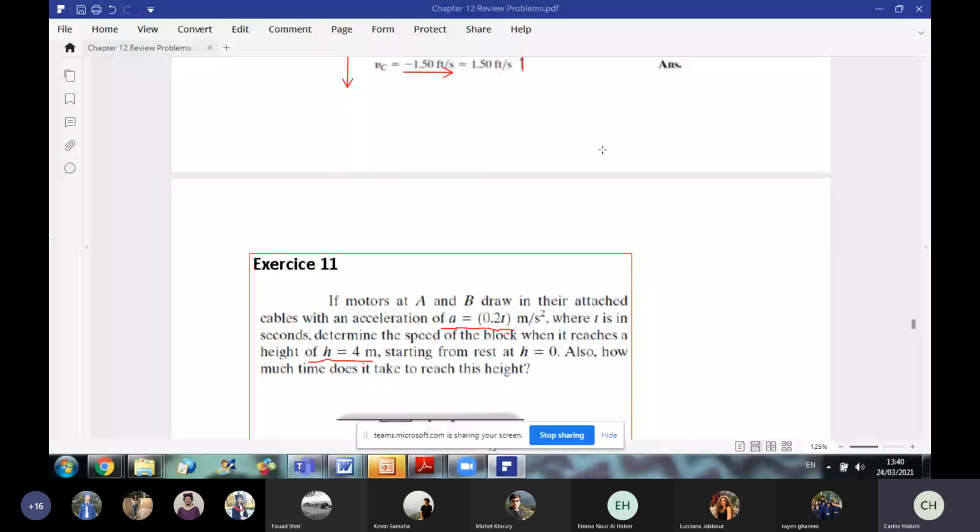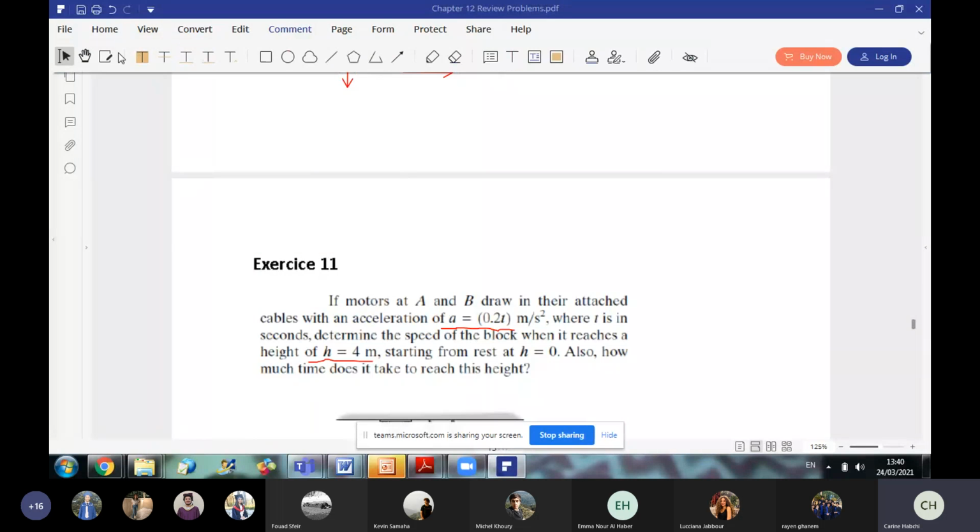So first, we should find the velocity of the block when reaching the height h equal to 4 meters, and also the time needed to reach this height. So to do this, let us go back to our figure.